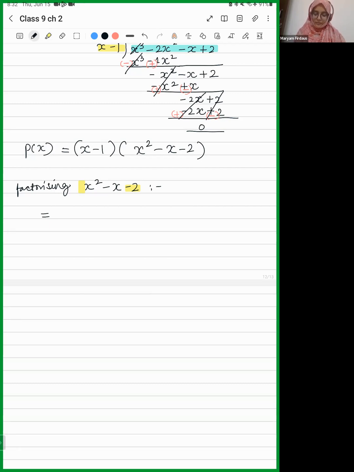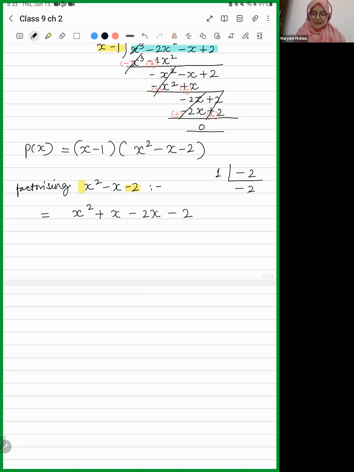So this becomes what? Minus 2 multiplied by 1. How will we do this? 1 multiplied by 2. 1 multiplied by minus 2. So this is basically x squared plus x minus 2x minus 2.